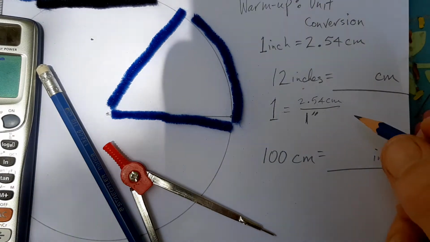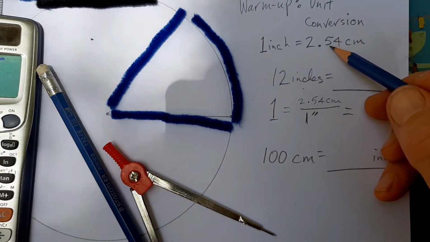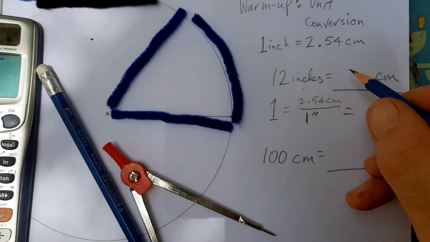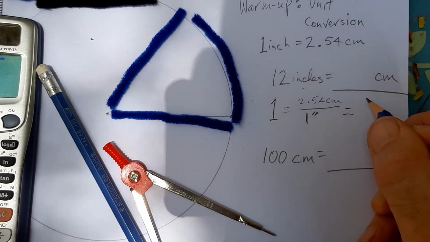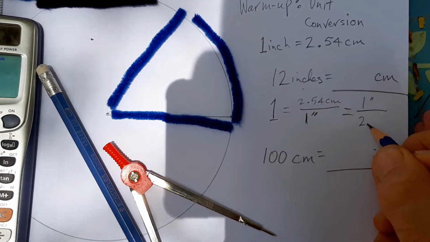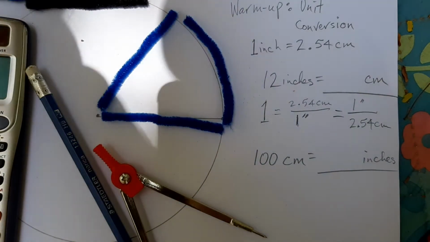Or you can go the other way. If I divide both sides by 2.54 centimeters, then I get 1 equals 1 inch divided by 2.54 centimeters. Then you just have to say, well, which do I want?